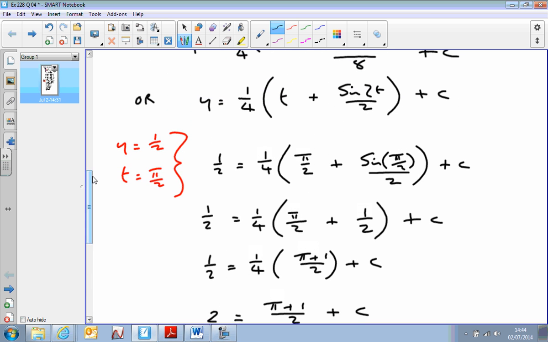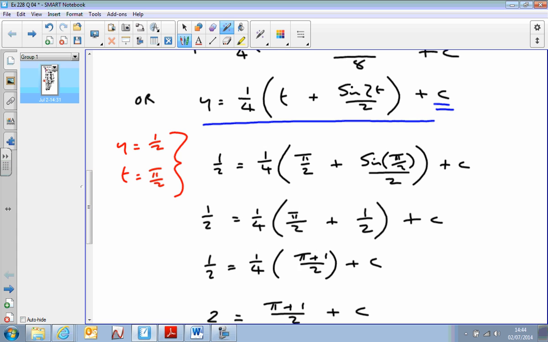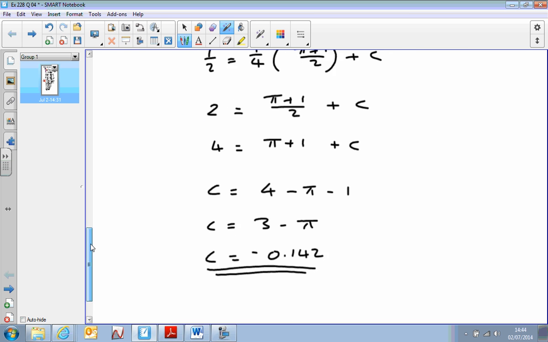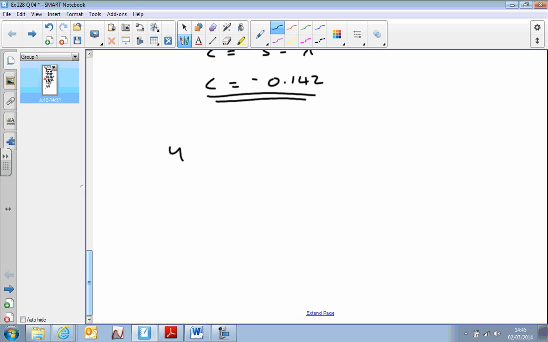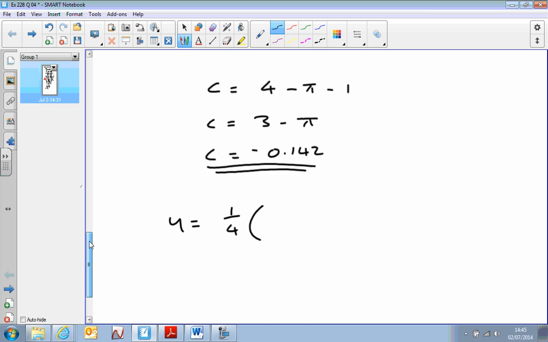So I can now go back to my general solution, which is here, and replace c with that value, minus 0.142. So finally we have y equals a quarter, oops, a quarter, what is it?